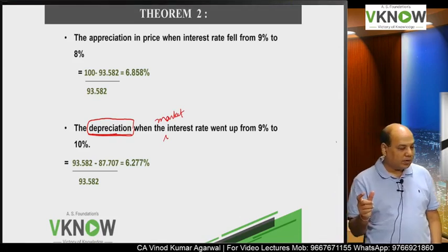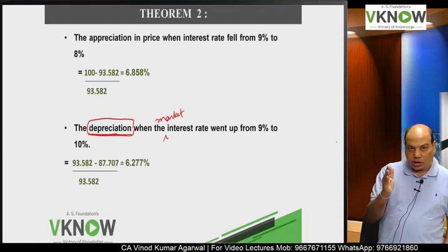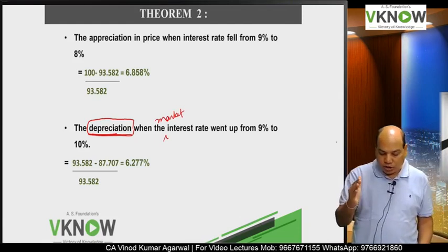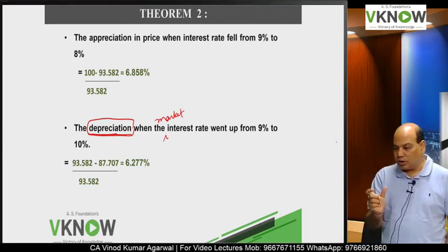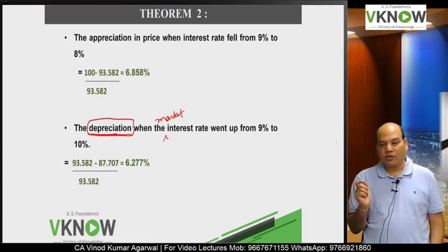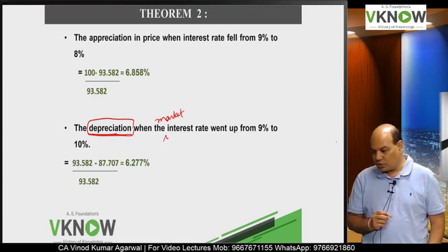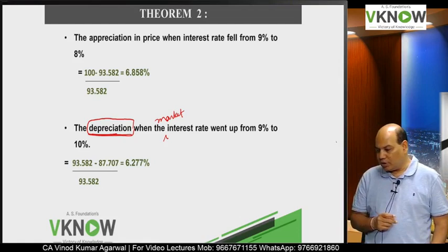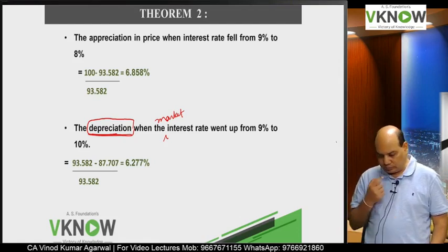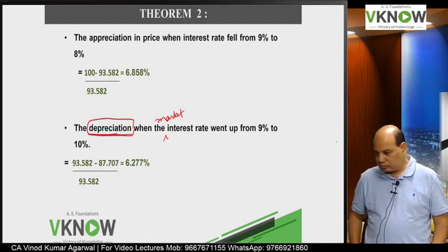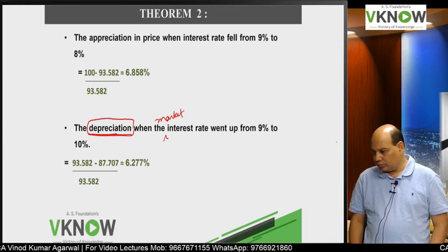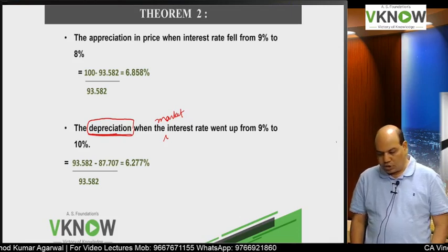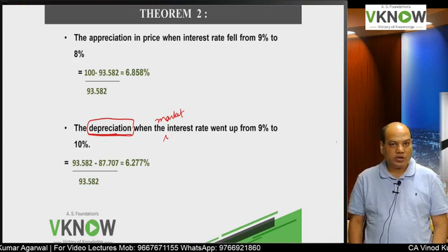Refer to the previous table. Now the market price of the bond has gone down. So the change is 93.582 minus 87.707 divided by 93.582, which is 6.277%.